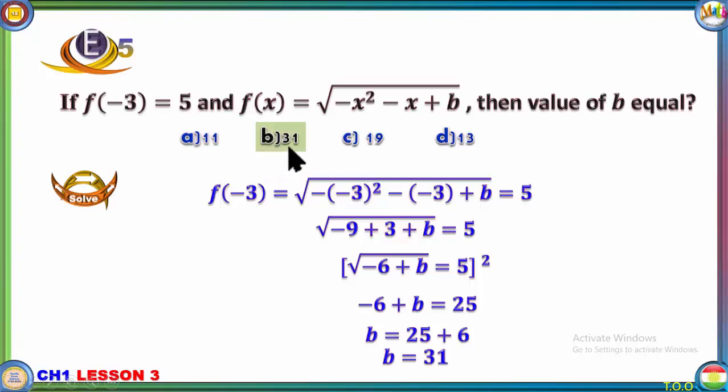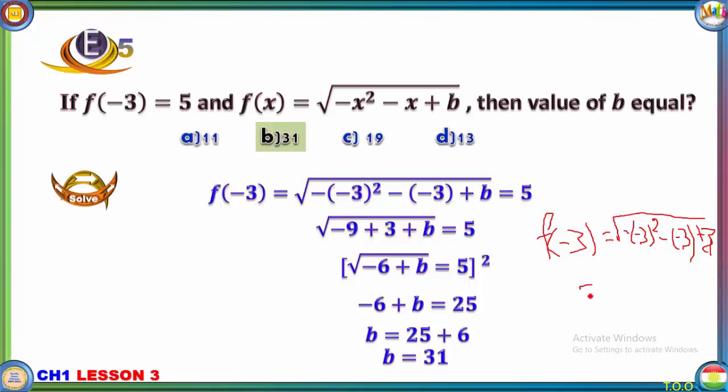For example, if we use 31 in place of b, then f of minus 3 equals the square root of minus minus 3 squared minus minus 3 plus 31.